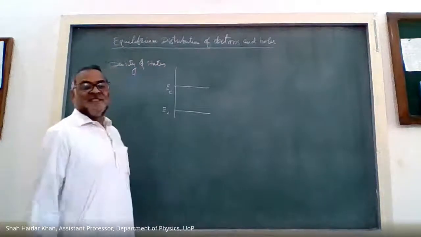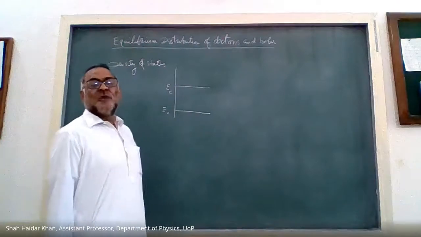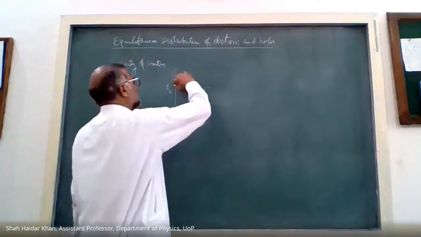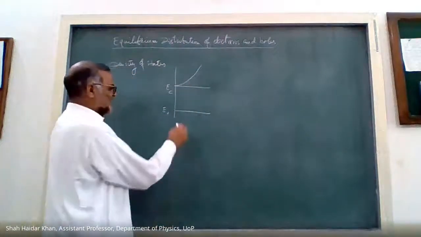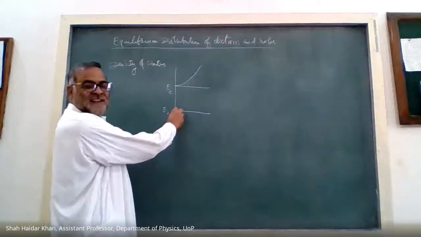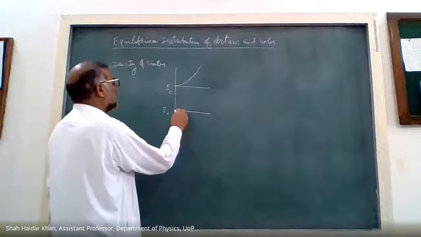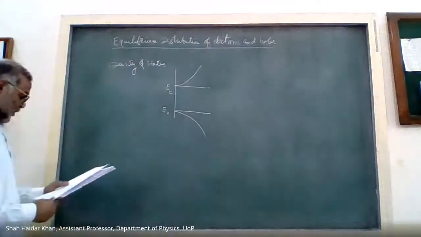And the density of those states increases as the square root of energy, right? It was like this. The square root function is something like that. Similarly, in the valence band, the density of states for holes was like that. Something like that, right?